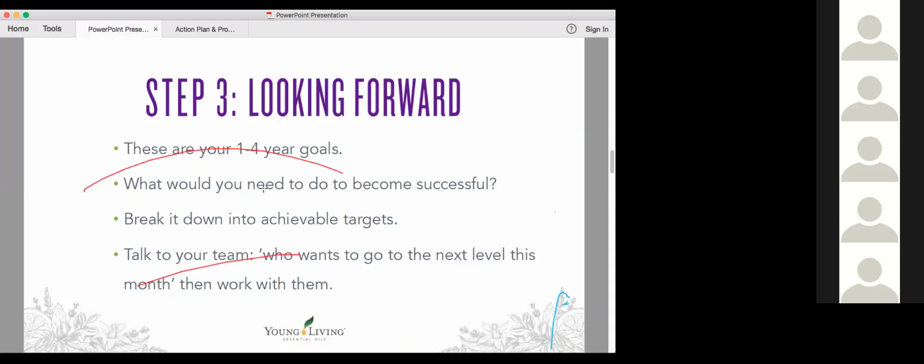Who do you need to connect with? One of the biggest questions you can ask yourself to connect with the skills that you need is, who do you need to become? What kind of leader do you want to be in 4 years' time? That will tell you the things that you will need to concentrate on for this area.